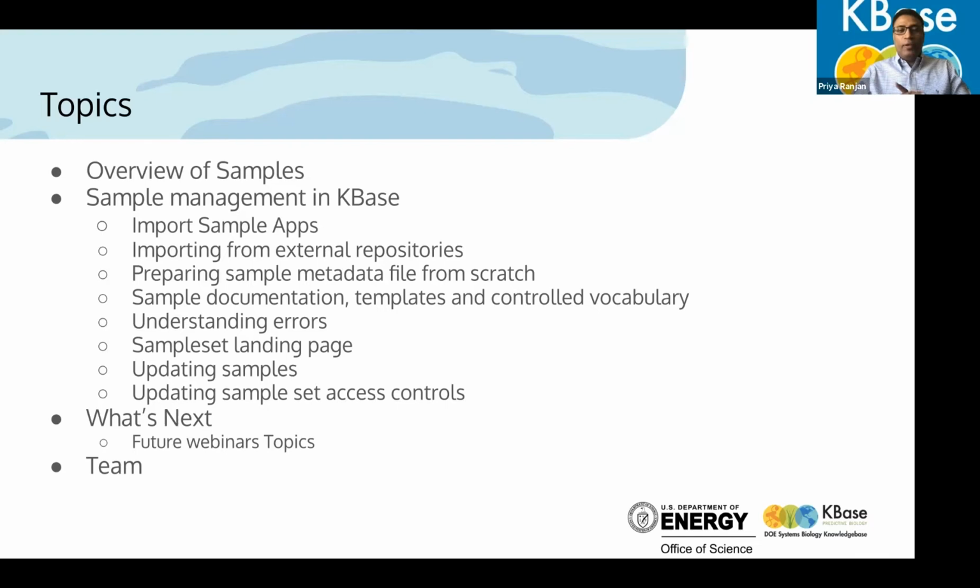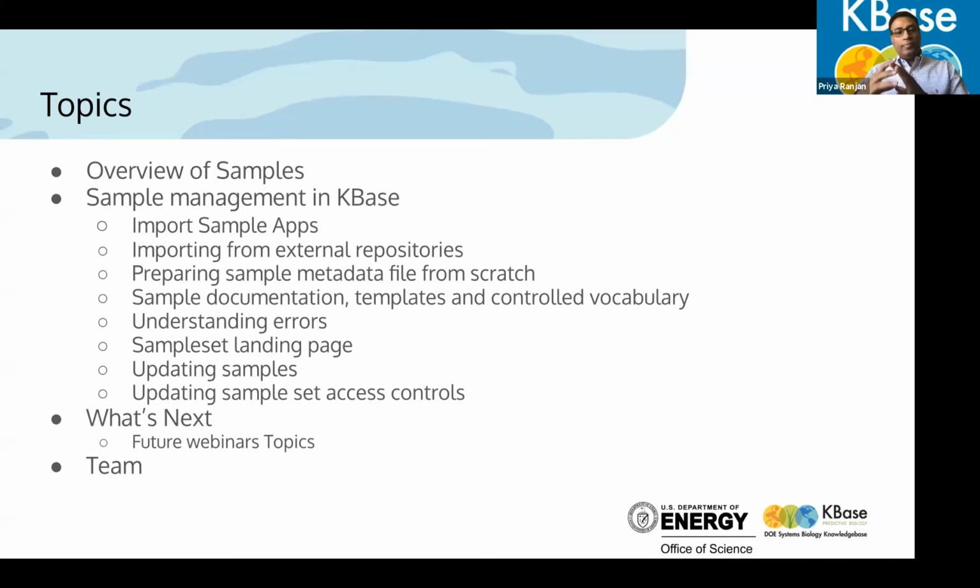The location of sample documentation, which Ben already showed, the templates that we are supporting, and controlled vocabulary. This is supposed to be a little more detailed than the overview. So I have some videos that show you how to go through the process and then understand errors as you go while you are importing and uploading samples into KBase.